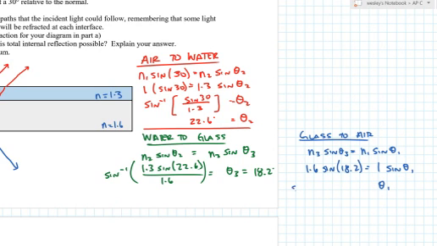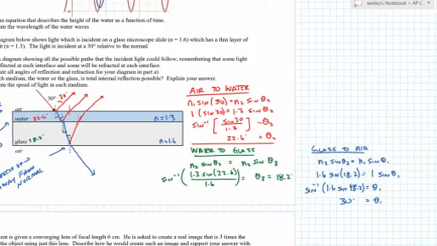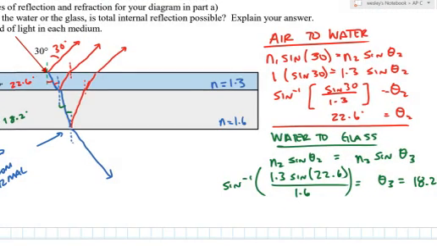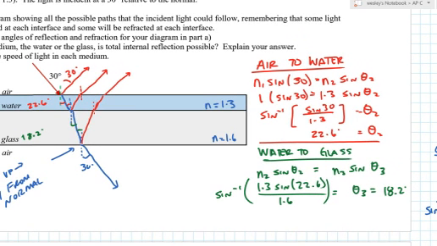So theta 1 is sine negative 1 of 1.6 sine 18.2, giving me theta 1 that is close enough to 30 degrees that we can just say it's 30 degrees. So here, on our way out, we are back to 30 degrees.